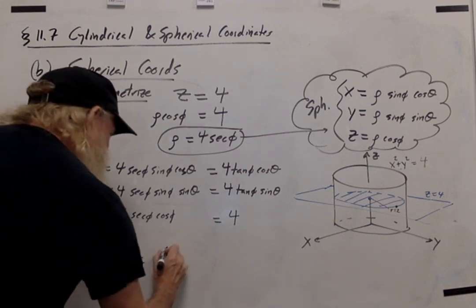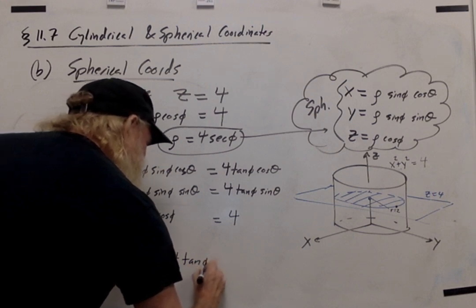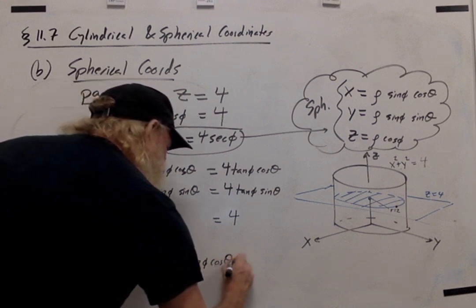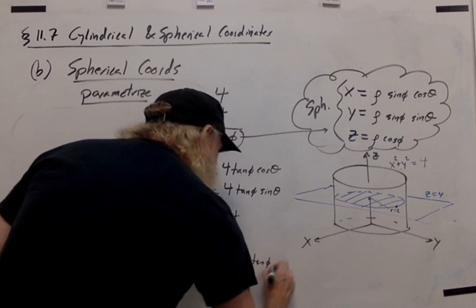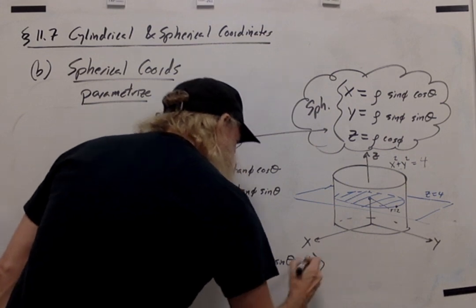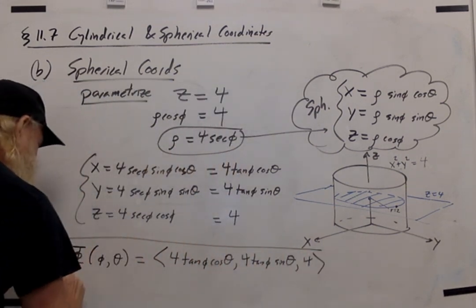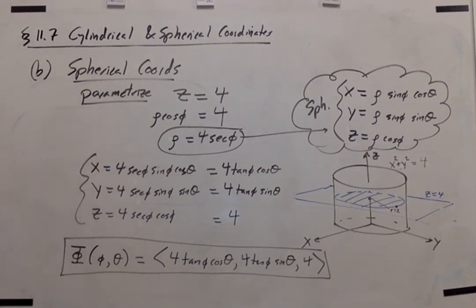And the parameterization is 4 tangent phi cosine theta, 4 tangent phi sine theta, and z equals 4. So not as pretty as what they were when we adapted cylindrical coordinates.